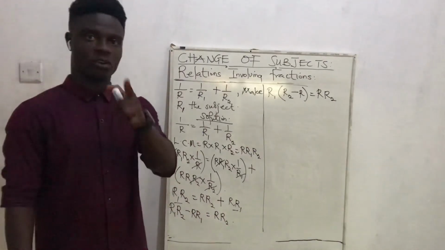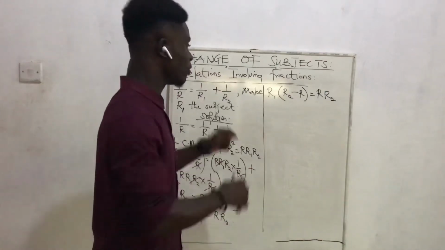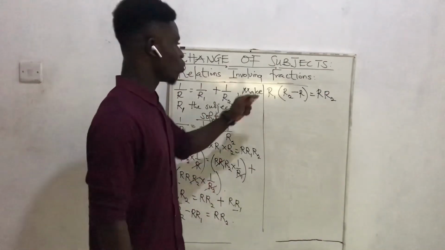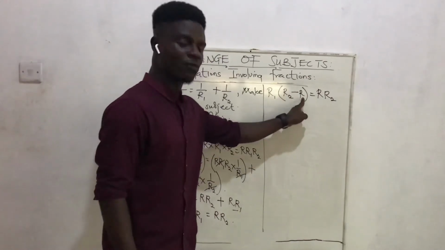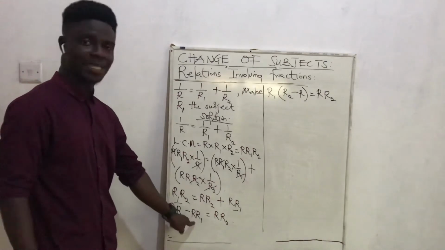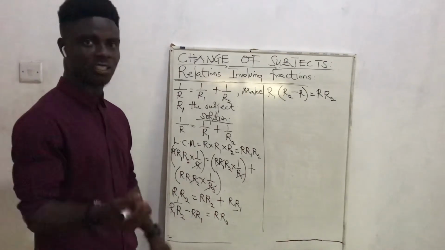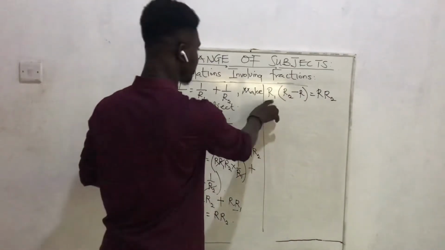I told you that factorization is the reverse of expansion. So make sure that when we are done factorizing, when you multiply R1 by R2 and R1 by negative R, you get back to R1 R2 minus R1. Factorization is the reverse of expansion.